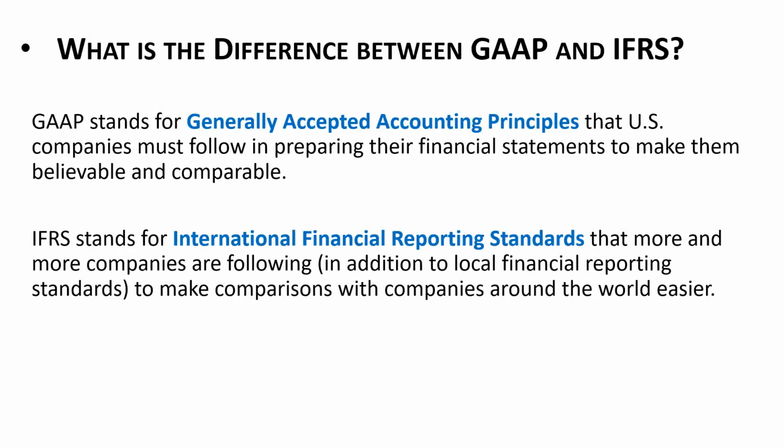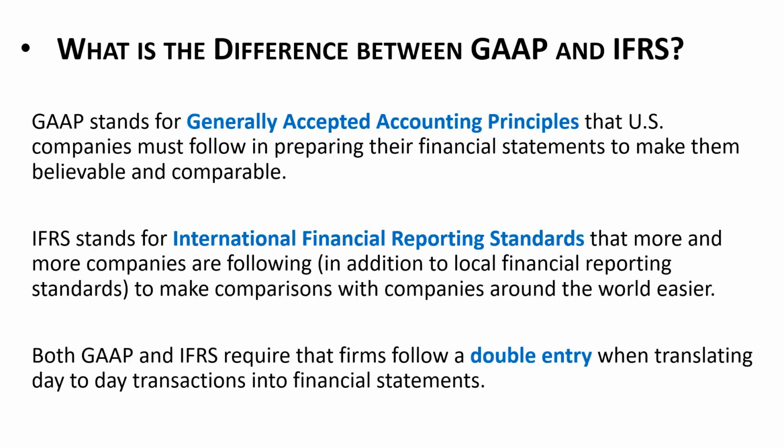And so if some company in Malaysia wants to come to the US, then they have to prepare according to IFRS as well. So if US companies also prepared according to IFRS, then this investor that's comparing a Malaysian company with a US company can look at the financial statements prepared according to IFRS and make his comparisons.